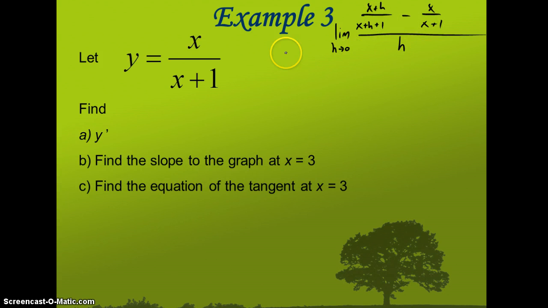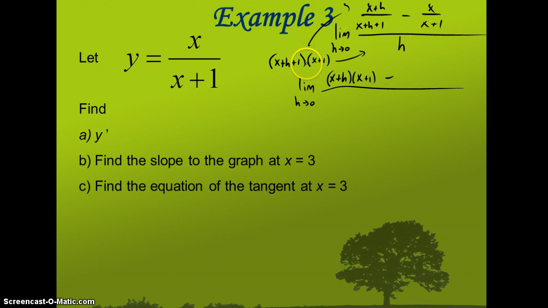So I want to multiply everybody by x plus h plus 1 times x plus 1. I want to multiply that to the top, and I want to multiply that to the bottom. When I multiply that through, this first piece is going to be x plus h. The x plus h plus 1s are going to cross out, times x plus 1.